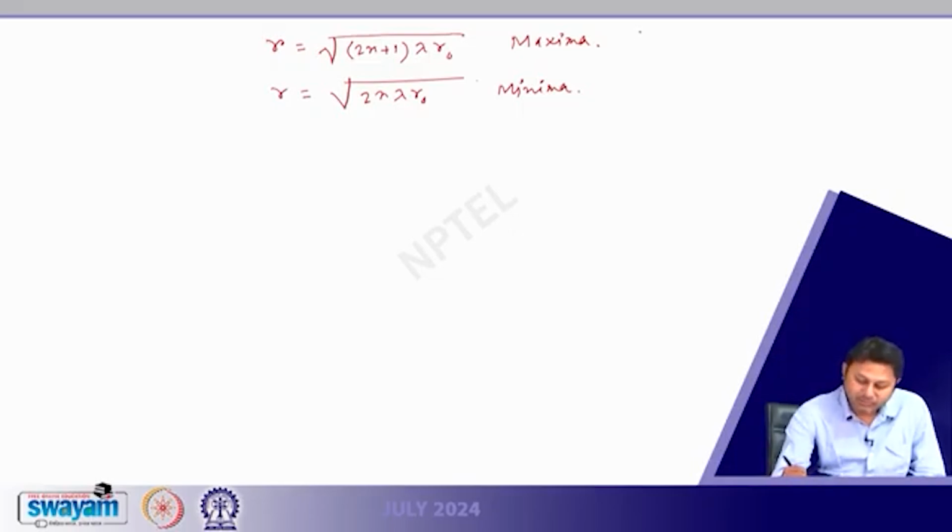Here n can go to 0, 1, 2, etc. Here n can go to 1, 2, 3, etc.